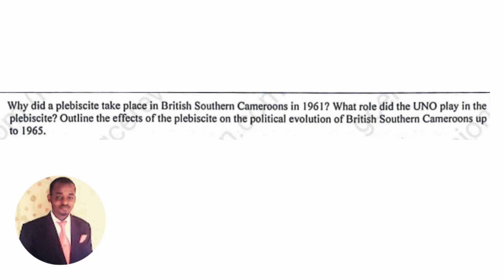Why did a plebiscite take place in British Southern Cameroon in 1961? What role did the UN play in the plebiscite? Then it says outline the effects of the plebiscite on the political evolution of British Southern Cameroon up to 1965.